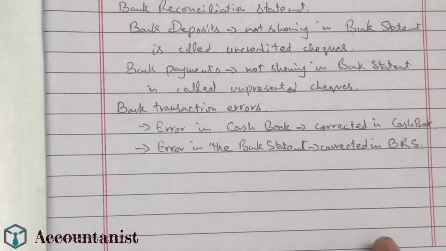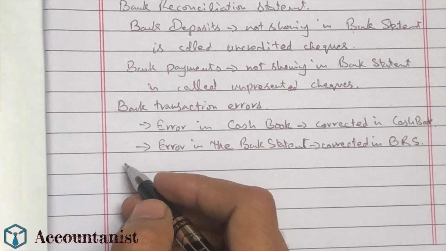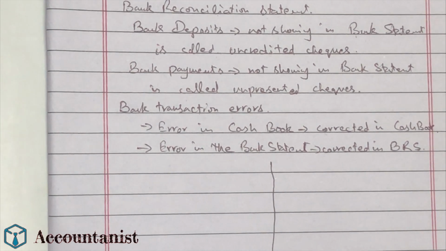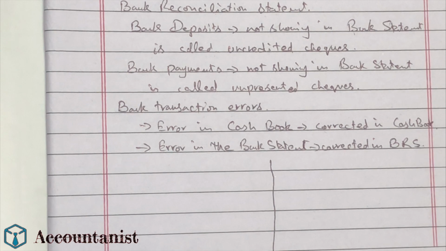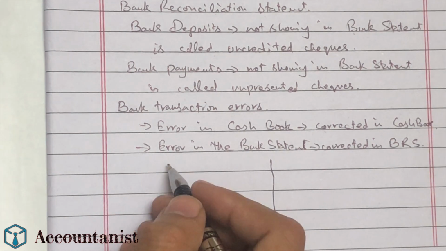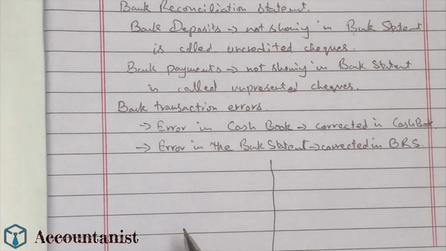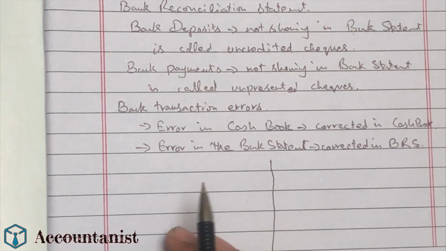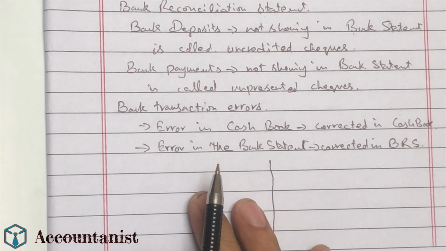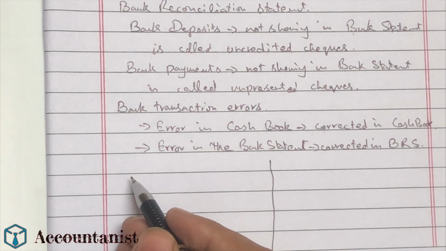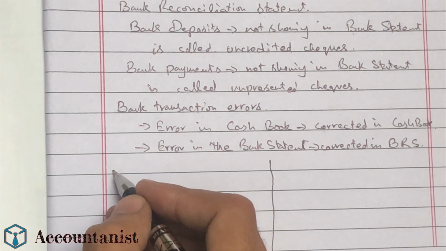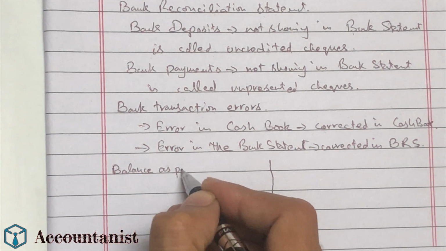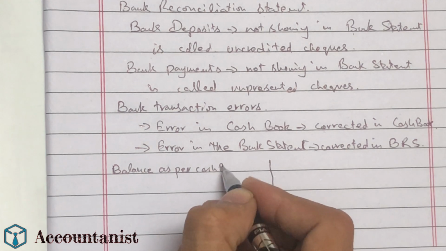Now if we are going to make the bank reconciliation statement, there are two formats that we can have. First, the BRS, after updating the cash book. Obviously, once we have to update the cash book balance, that's step one that we have already learned. The next step is preparing the bank reconciliation statement, or either we can start from the balance as per cash book.